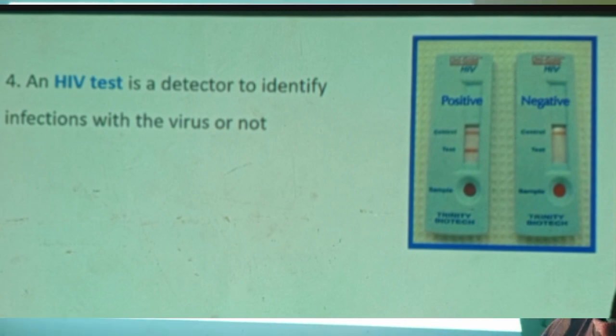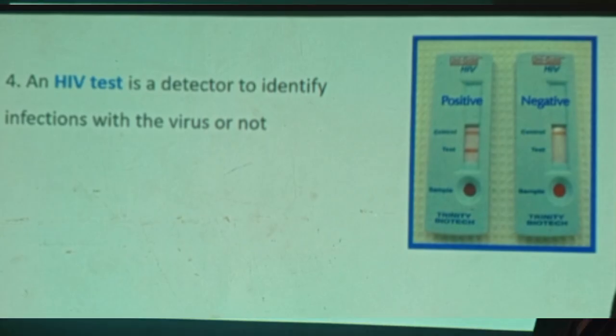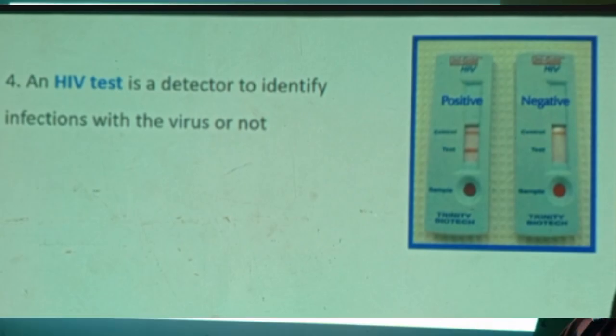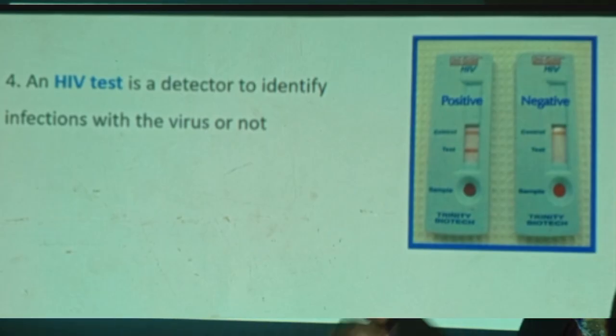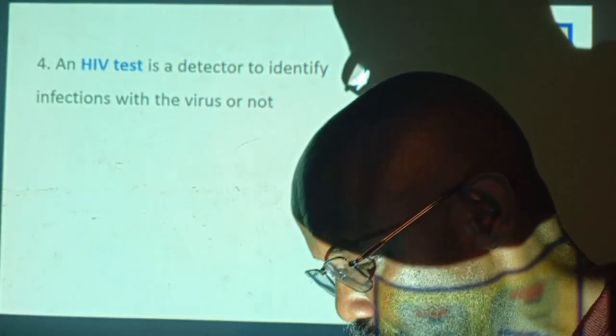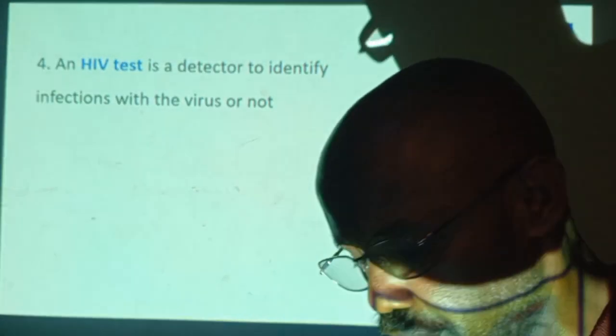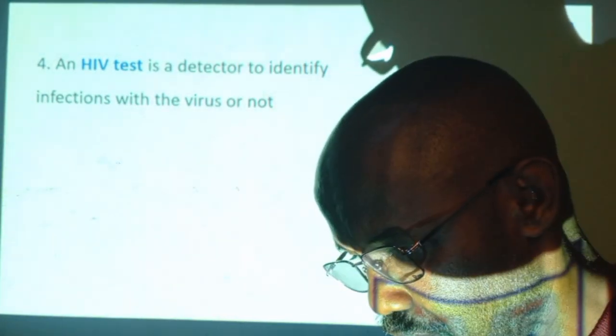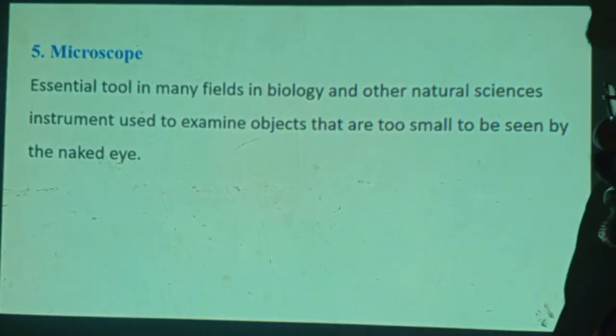When HIV enters into your blood, your white blood cells produce antibodies. You see, the HIV is antigen, and your white blood cells produce antibodies. Therefore, antigen and antibody interact here to give color change, so that you can see if there is color change, positive. If no, negative.